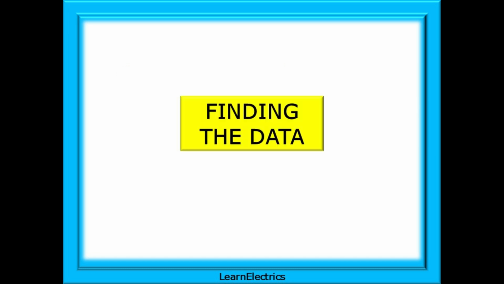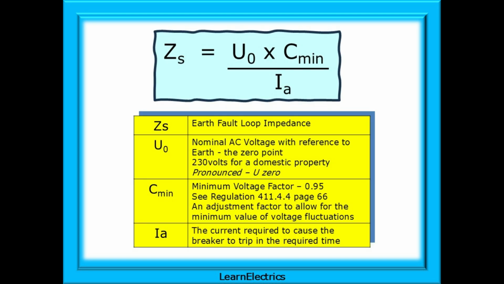Let's begin to find the data. This is the standard formula for calculating Zs and is easy to use. As shown in the yellow table, Zs is the earth fault loop impedance, a measurement of the circuit impedance from the furthest point of use along the earth or CPC all the way to the substation and all the way back again on the line conductor. U0 is the nominal AC voltage for the circuit.